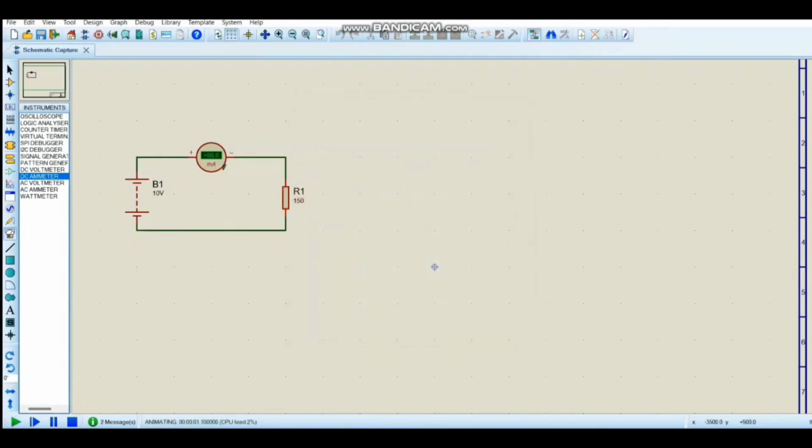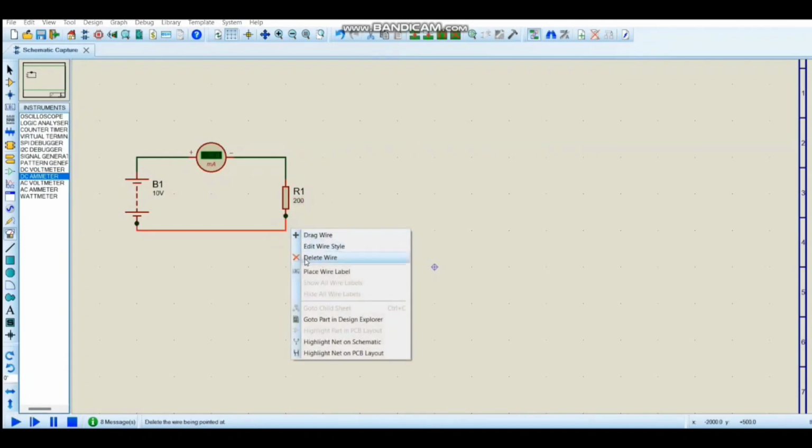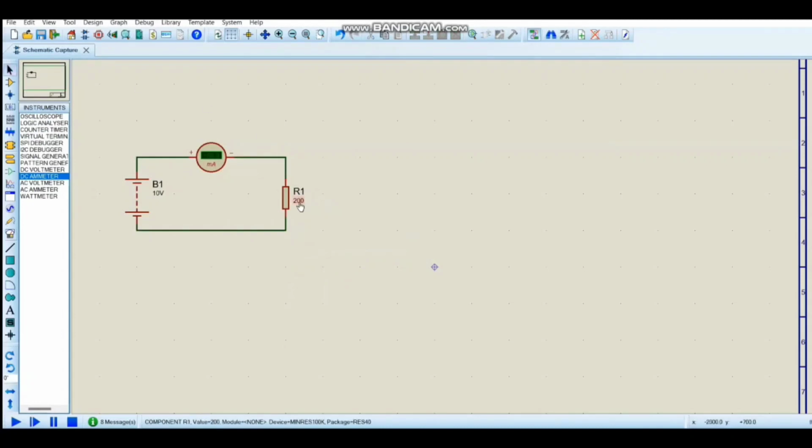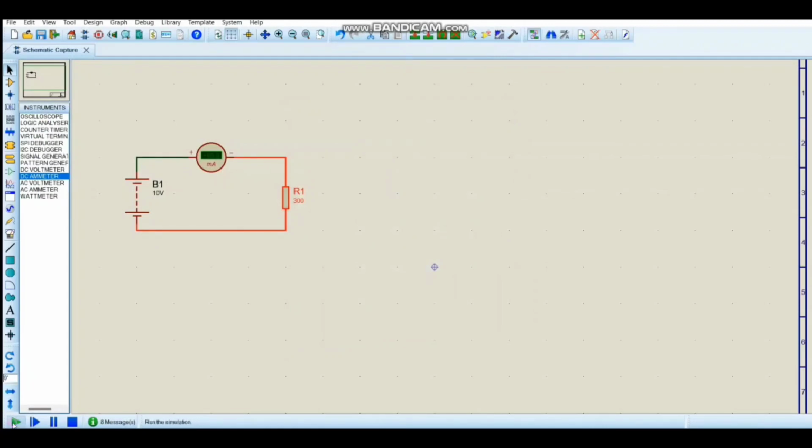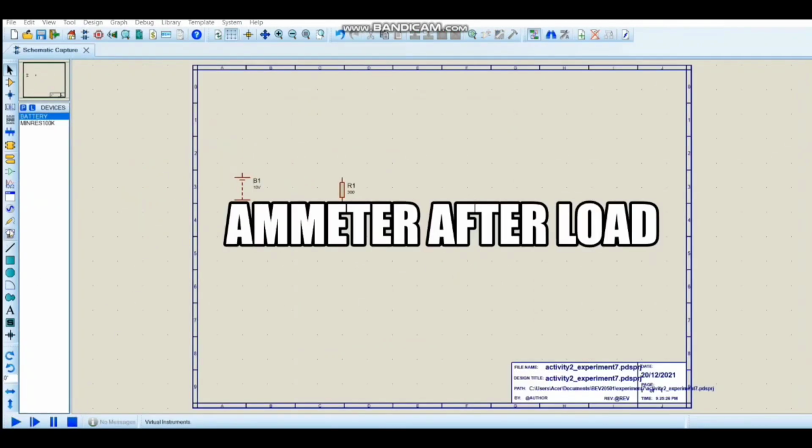We get 66.6 milliampere. Next, 200 ohm. We get 50 milliampere. And last one is 300 ohm. We get 33.3 milliampere.